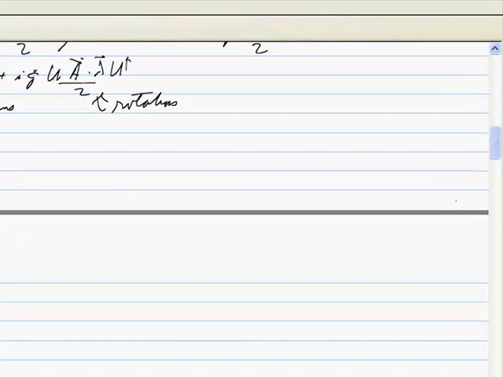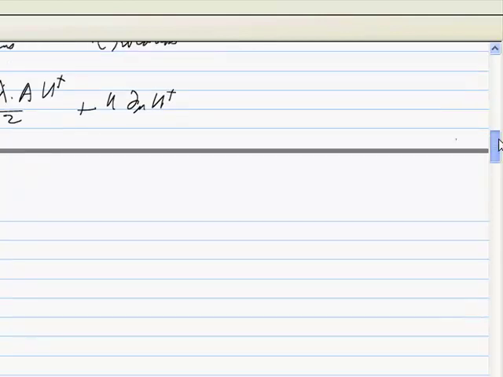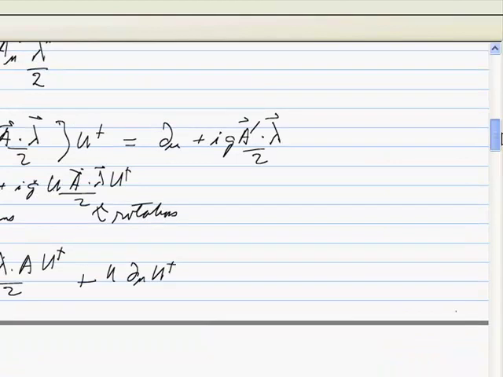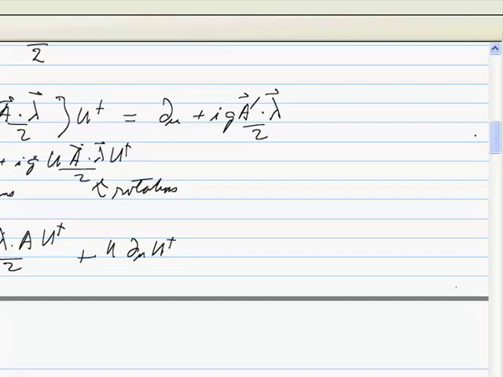Lambda dot A mu over 2 with a prime is U lambda dot A U dagger over 2 minus, or plus, U d mu U dagger, over, let's see, I'm missing my i g's.